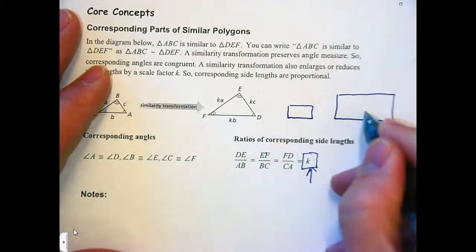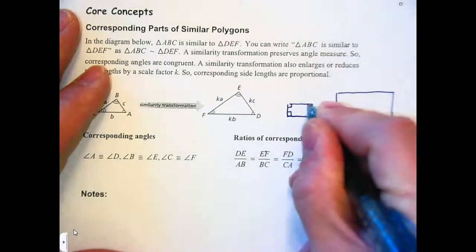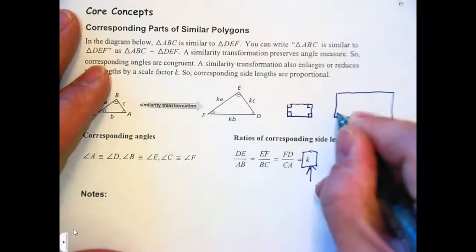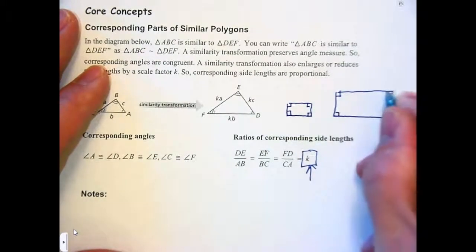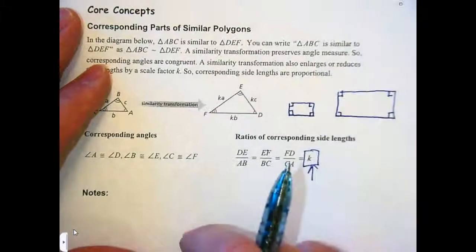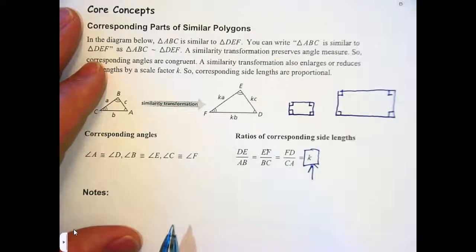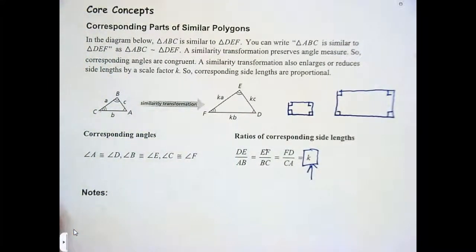It's also a rectangle. The shape you've been dealing with for a long time, their angle measures don't change when they get bigger or smaller. They stay the same. Okay. All right. Moving on.